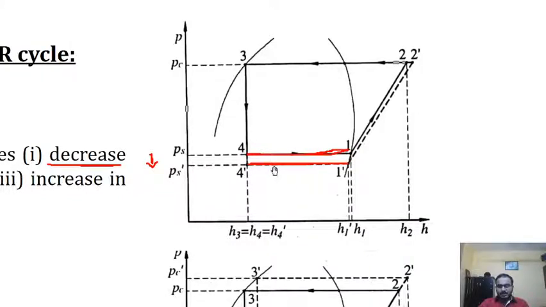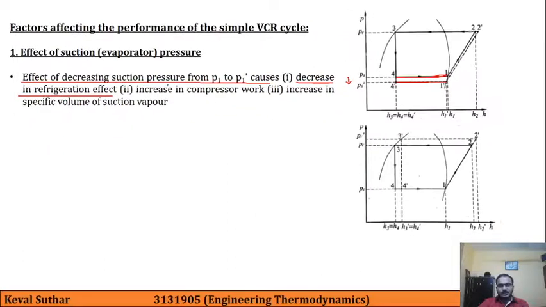That is, the refrigeration effect has been reduced. That is, the distance between this 4 prime 1 prime is lesser than the distance of 4 and 1. So there is a reduction in refrigeration effect.